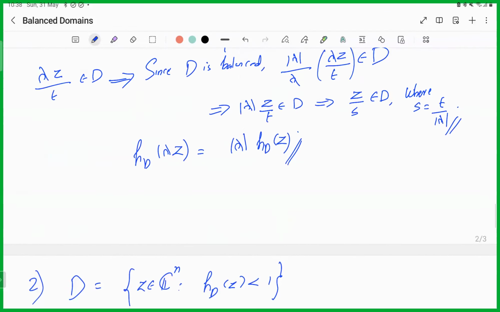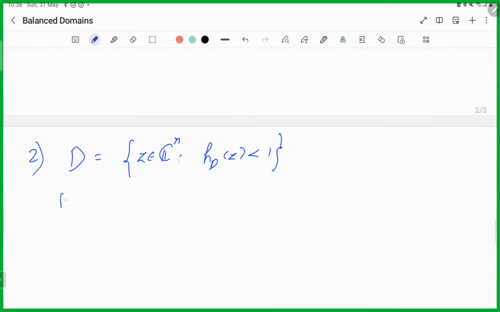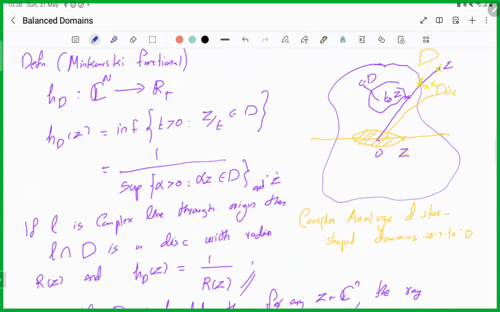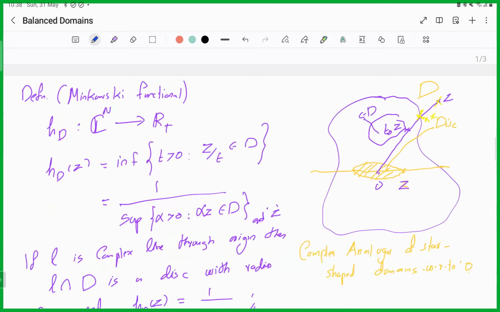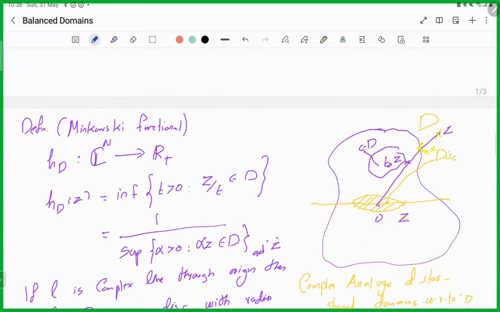If z belongs to D, then by the definition of H_D of z, if t equals 1, then 1 belongs to this set. So H_D of z is surely less than or equal to 1.